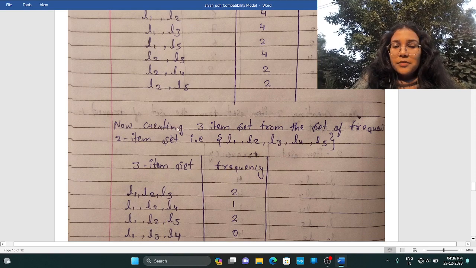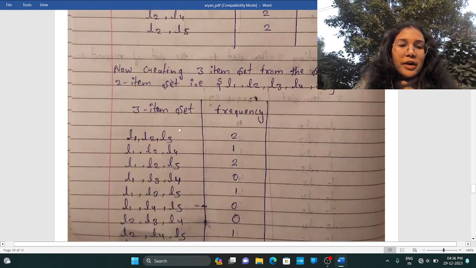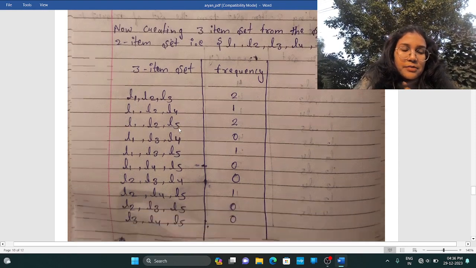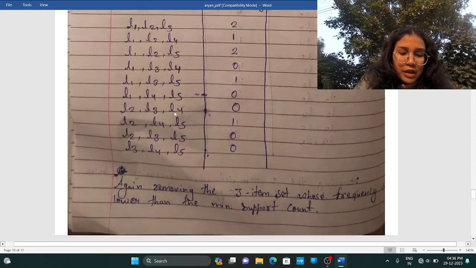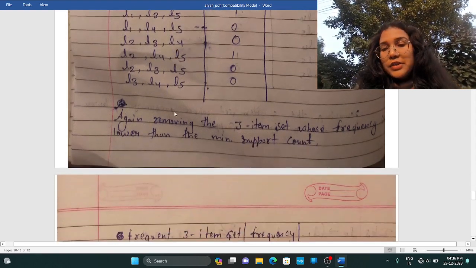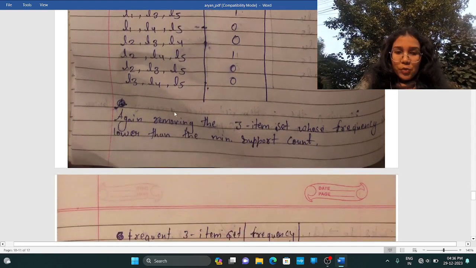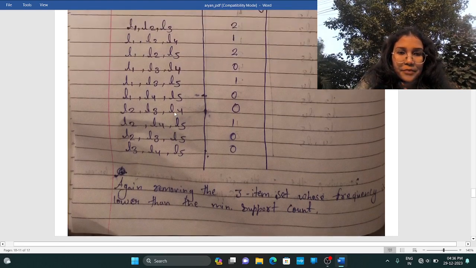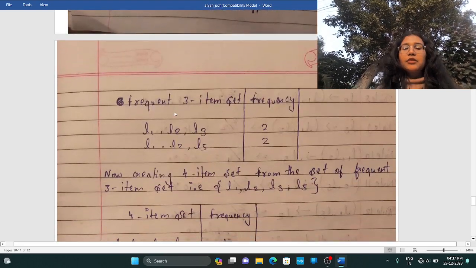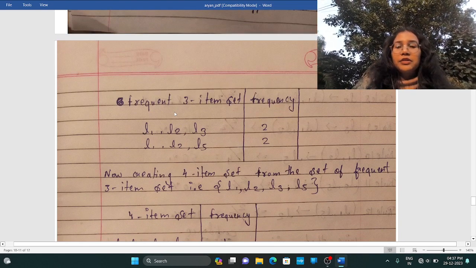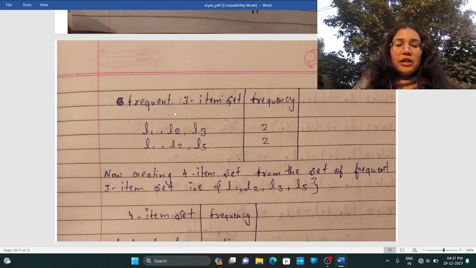Now creating three item sets from the frequent two item sets, that is L1, L2, L3, L4 and L5. The three item sets are given in this table. Again, removing the three item sets whose frequency is lower than the minimum support count, the frequent three item sets are L1, L2, L3 is 2 and L1, L2, L5 is 2.